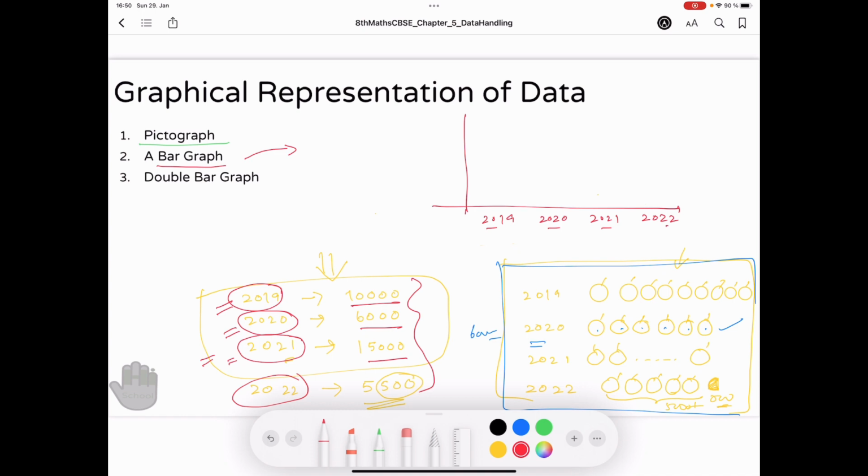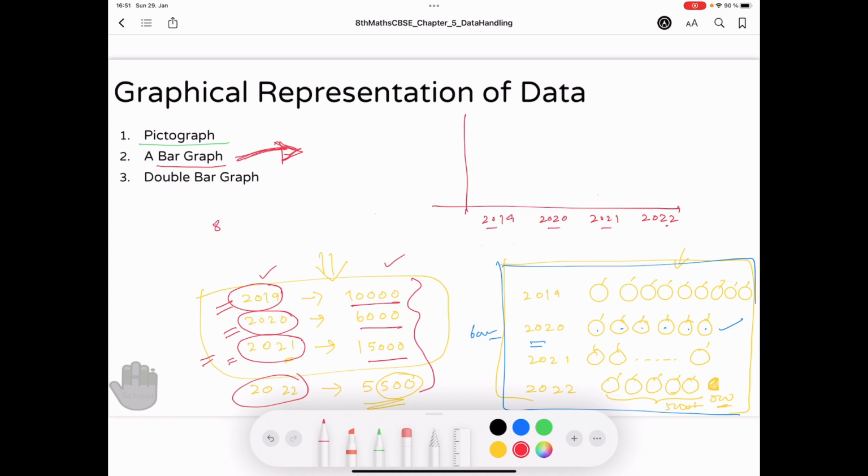So when we divide data into categories, we can use a bar graph when we are having categories and their corresponding numbers. Okay, so it can be any category. Production of cars in year 2019, these many thousand Toyota cars were produced, for example. Any kind of category and its corresponding number.